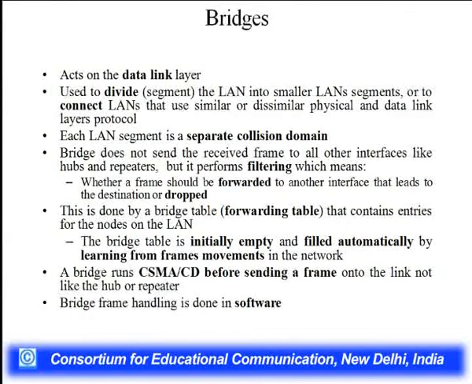A bridge filters the packets. It has a filtering and forwarding mechanism in the form of a bridge table or forwarding table that contains entries on the nodes of the LAN.